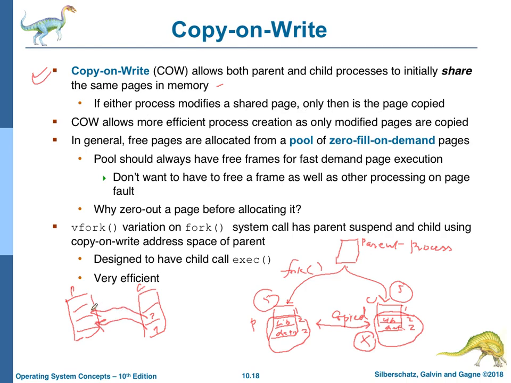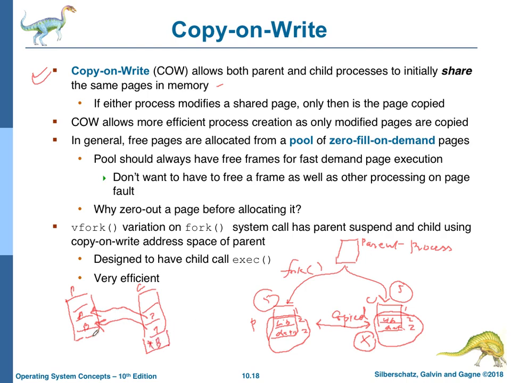Now for example, if this is page A, this is page B, and the child process wants to modify B, then a copy of B will be created here, right?